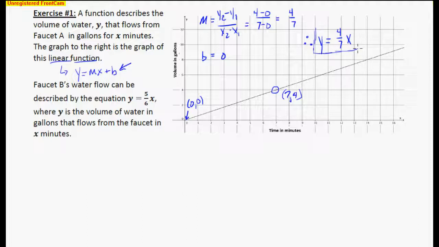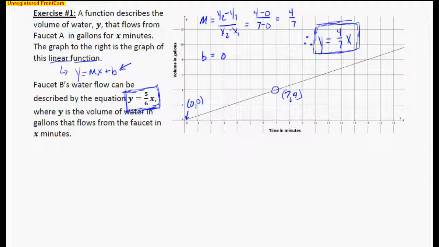Here's my equation that describes faucet A. That's a good place to start. Now it says over here, for faucet B, the water flow can be described by the equation y equals 5/6 x. They already gave me the equation, and in this case my slope is 5/6, and same thing, my y-intercept is 0.